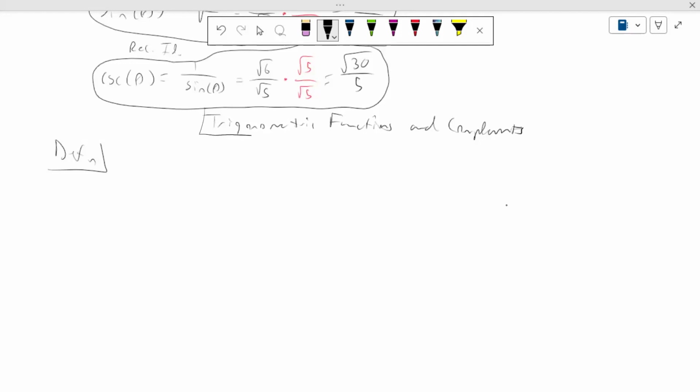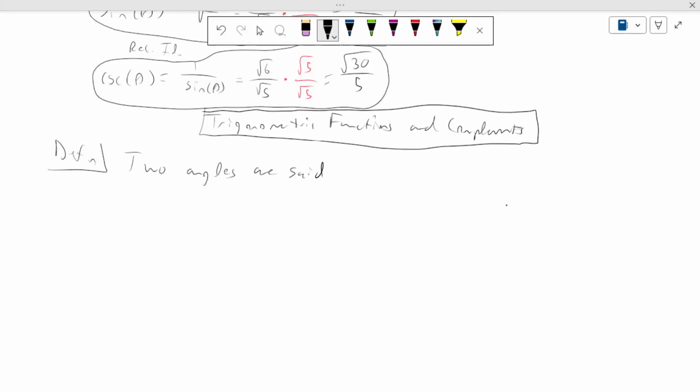Just in case: two angles, let's say alpha and beta, are said to be complementary if they add up to be 90 degrees, or pi over 2 radians.